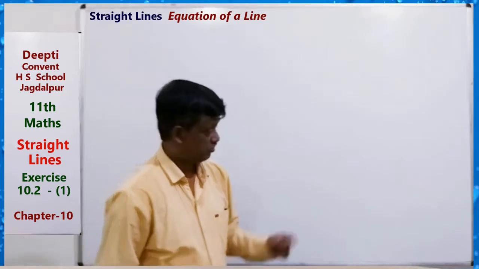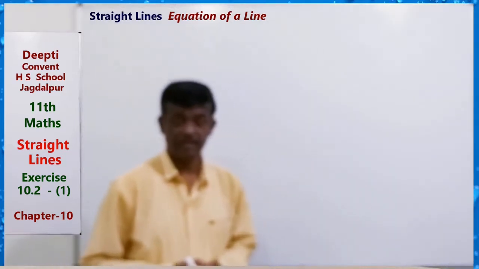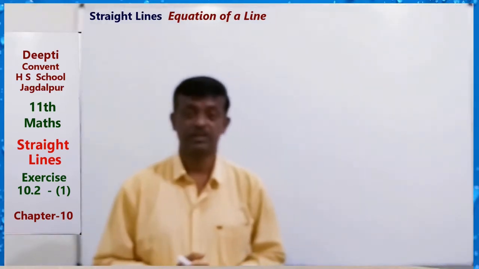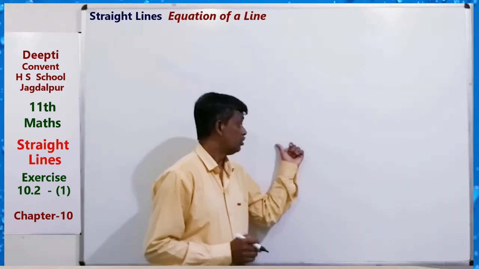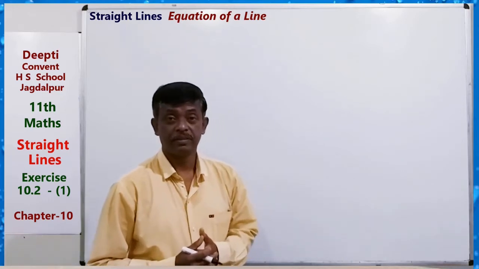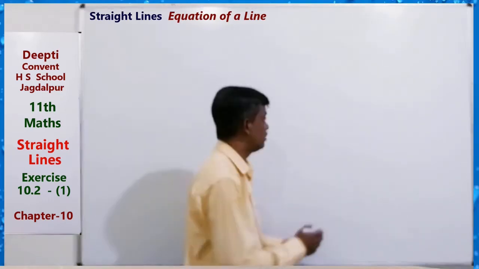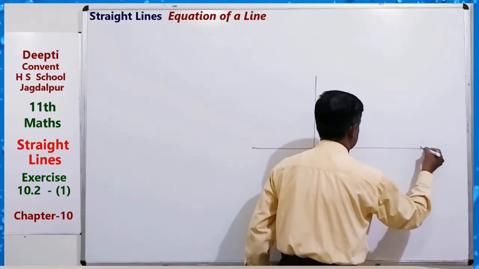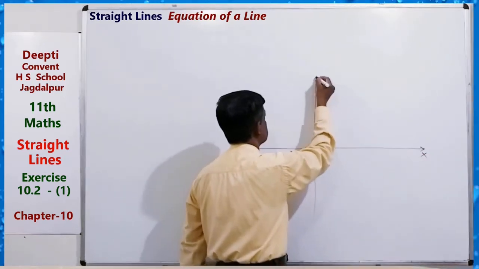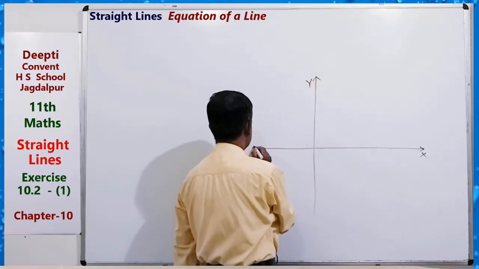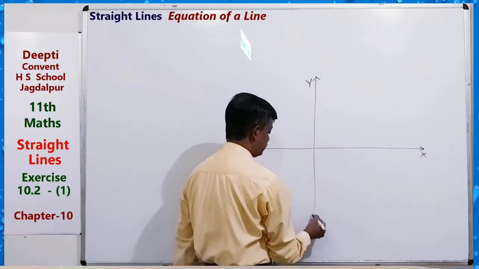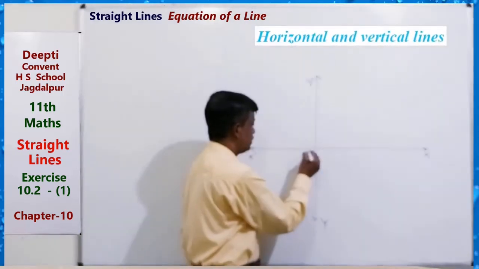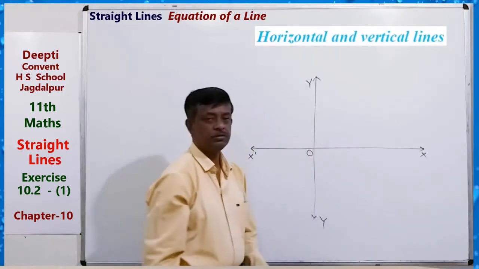Geometry means, first thing, is the line. So how can we represent a line as an algebraic equation? Here we know the coordinates of a point in a two-dimensional plane. This is our two-dimensional plane, x-axis, y-axis. This is the origin.